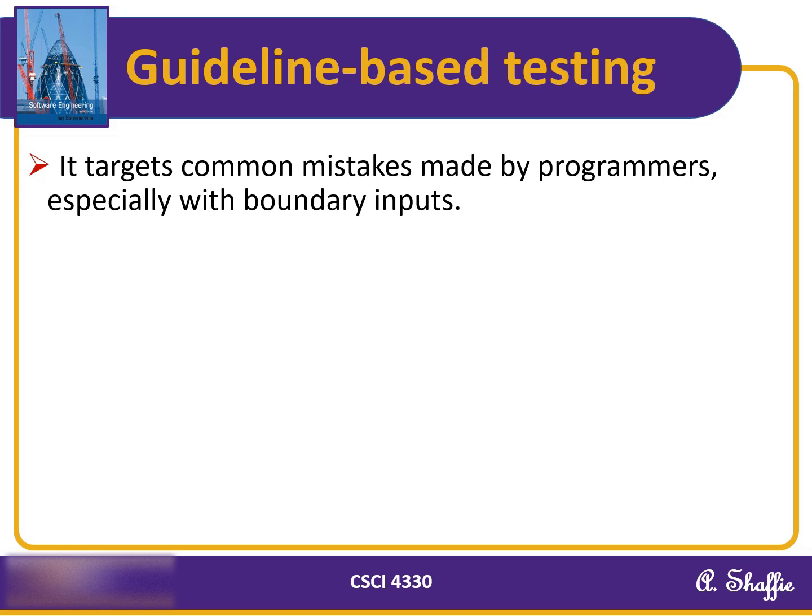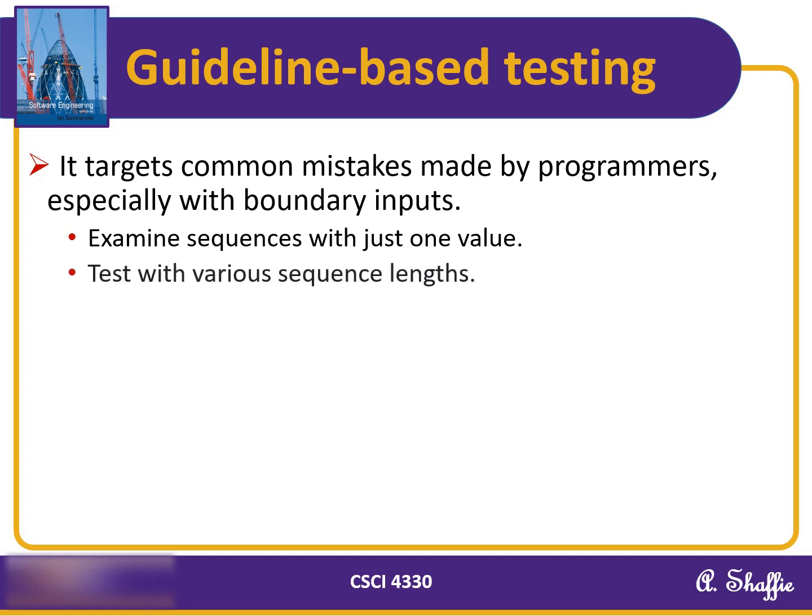In the guideline-based testing strategy, as I mentioned before, it targets common mistakes made by programmers, especially with edge cases and boundary inputs. For example, examine a sequence with just one value to ensure the system handles the smallest non-empty sequence correctly. Since developers often anticipate multiple values in sequences, a program might fail with only one value.